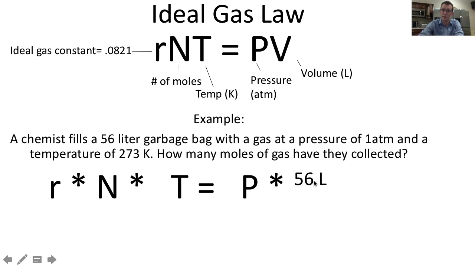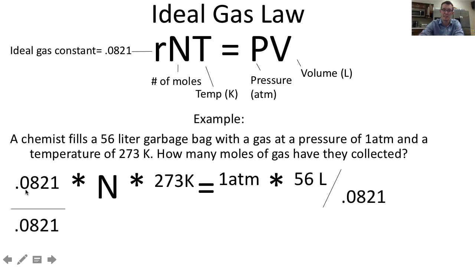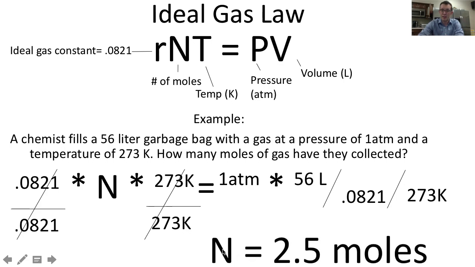So for instance, the volume is 56 liters, the pressure of the gas is 1 atmosphere, temperature is 273 Kelvin, and we know that the gas constant is 0.0821, and then we can solve for the number of moles. So in this case, we divide both sides by 0.0821 and divide both sides by 273 Kelvin. And in the process, we would find that the number of moles is equal to 2.5.